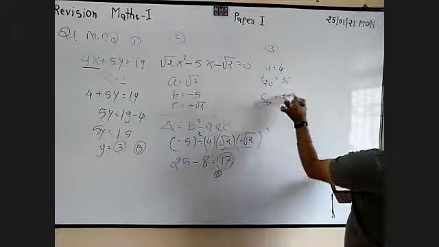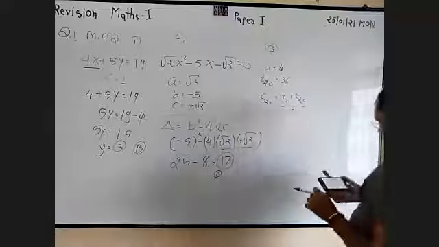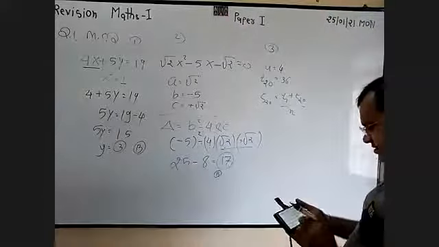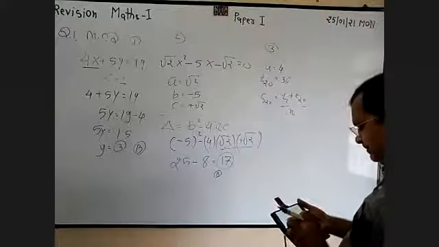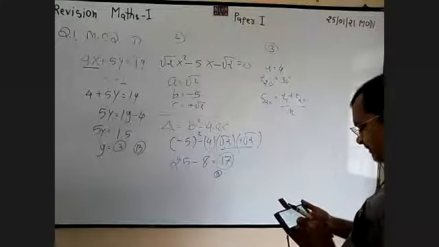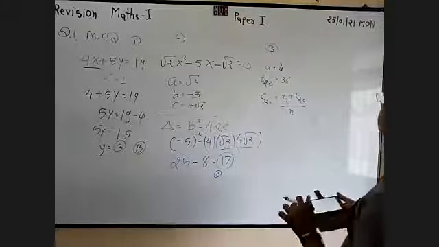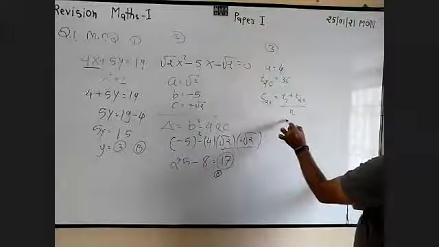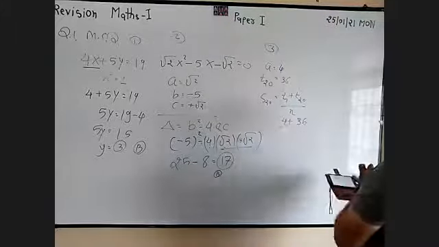S20 is equal to T1 plus T20 divided by 2, into N. Four plus 36.